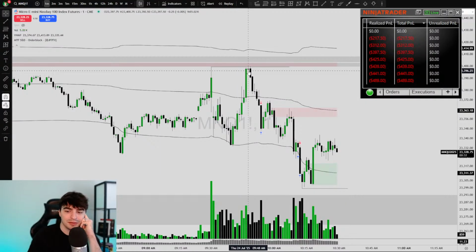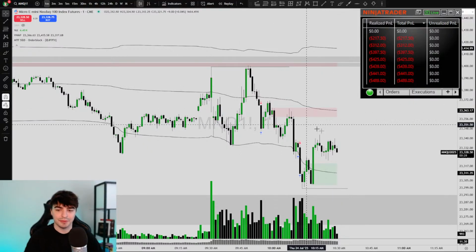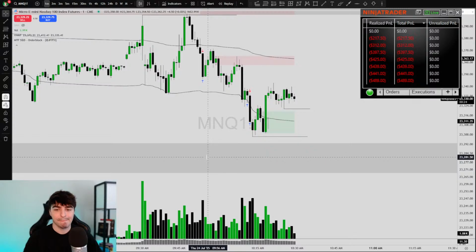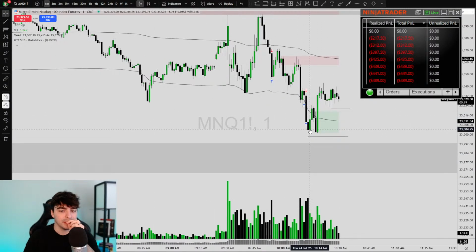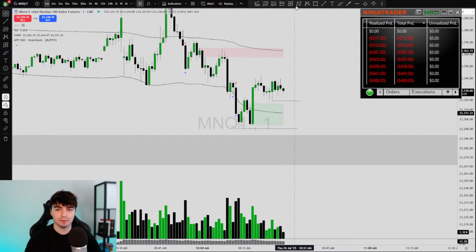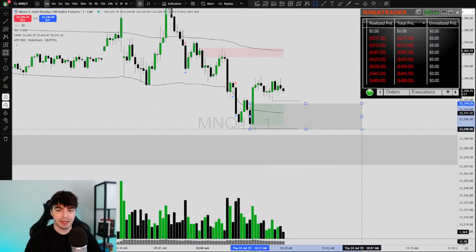You just got a small pause and then boom, straight back down, straight V bottom. By the way, this is a zone right here that I might trade because this could be the bottom of the day. We'll see. Kind of a fat zone though.